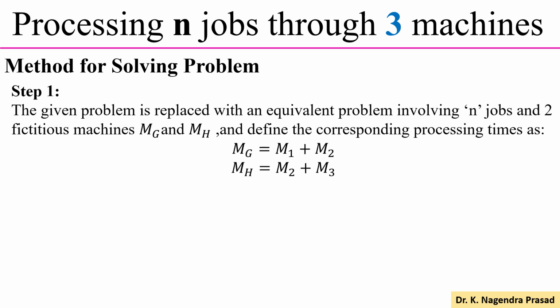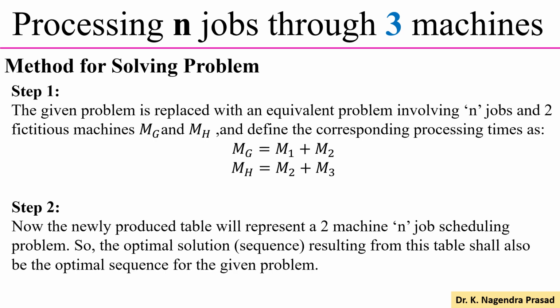First step: the given problem is replaced with an equivalent problem involving n jobs and two fictitious machines MG and MH, and define the corresponding processing times as MG equal to machine 1 plus machine 2, MH equal to machine 2 plus machine 3.